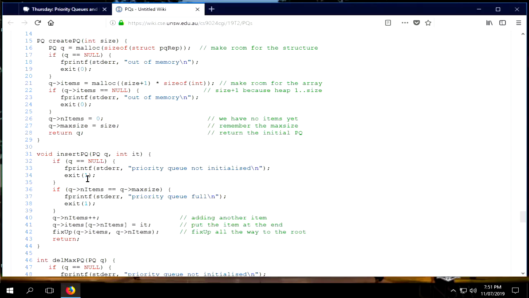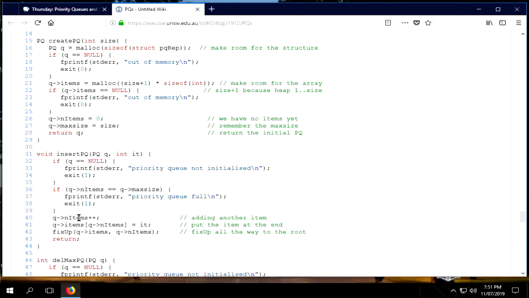And now we do an insert, a heap insert. We know and love heap inserts. Here's our heap insert. As long as we've got room, we just add it to the end of the array and we do a fix-up. That's what we started with. 1, 2, 3, 4, 5, 6, 7.